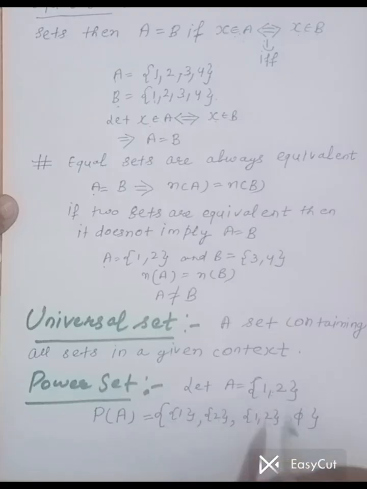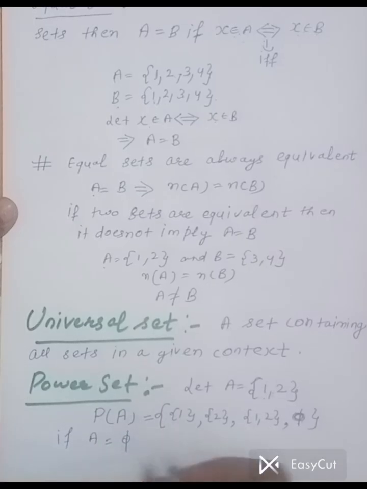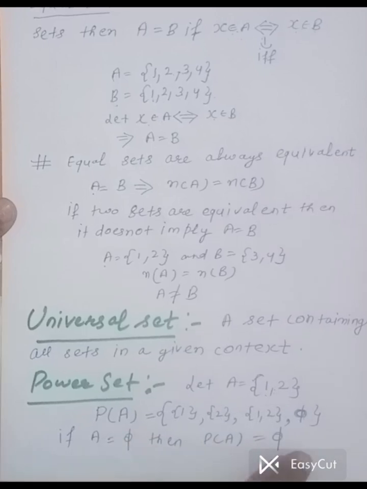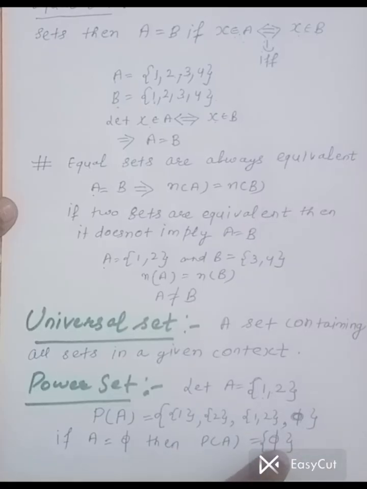This is also a subset, this is also a subset, and the empty set is also a subset because there is no element in it which is not in A. If A is equal to empty, then the power set of A is not empty, it has only one set, that is the empty set.